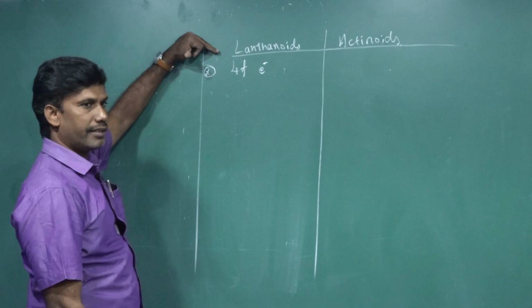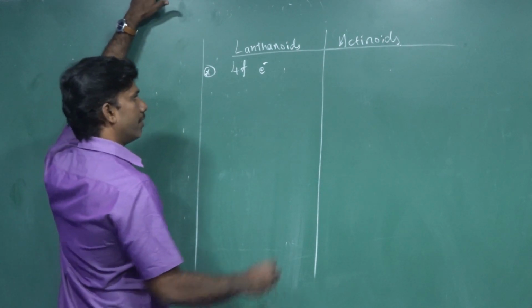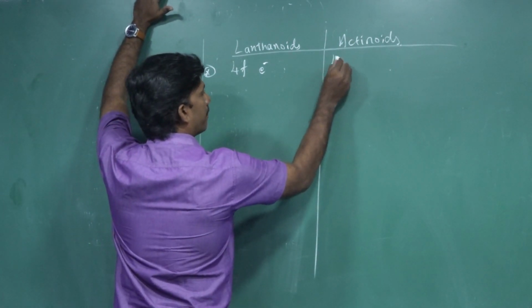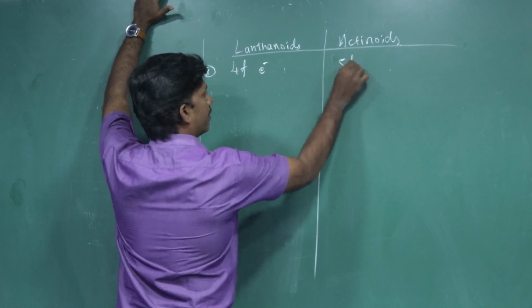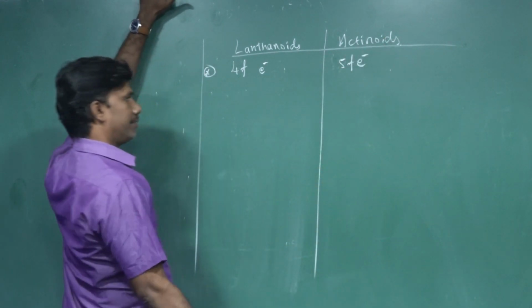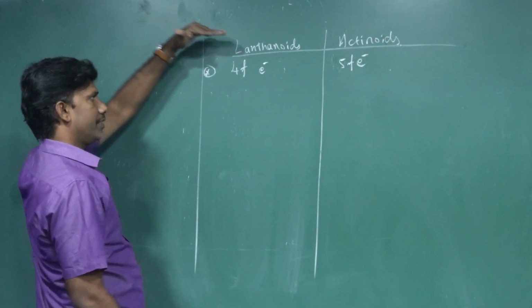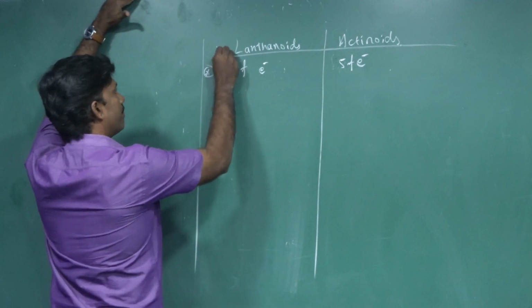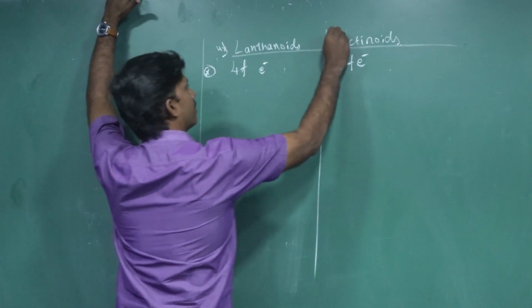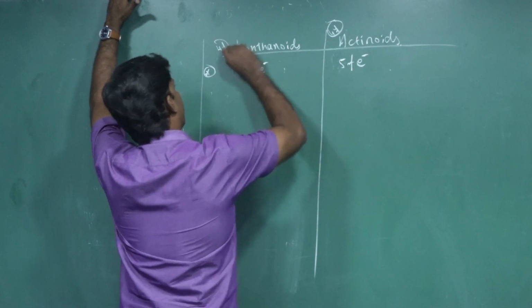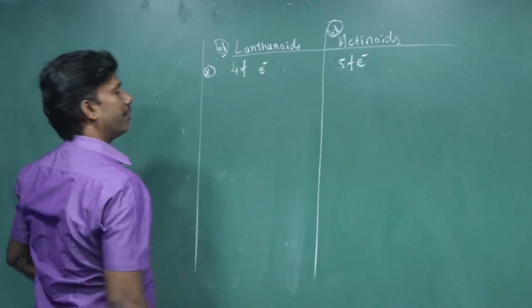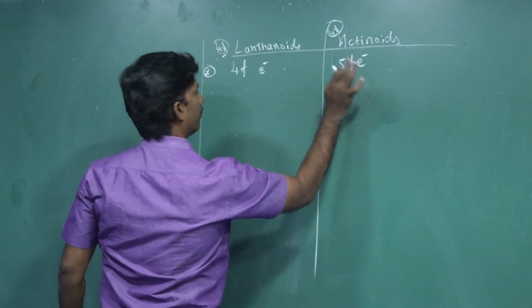In actinides, the differentiating electron enters the 5f orbital. So the first difference: this is called the 4f series, and this is called the 5f series.